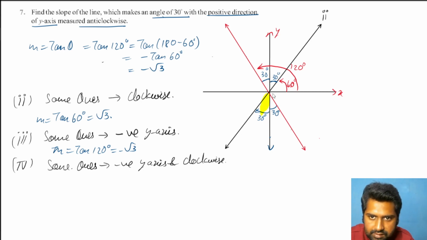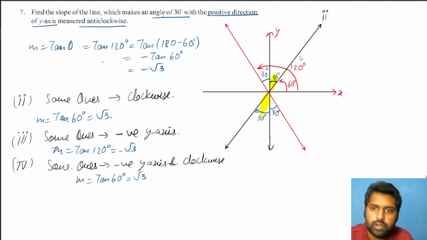This angle and this angle, they are vertically opposite. So that means we are talking about this same line. That means still you will measure this angle, the angle that I have written inside. That's 60. Oh, sorry, my bad. That's still 60 degrees. So for this one, slope is equal to tan 60 is equal to root 3.